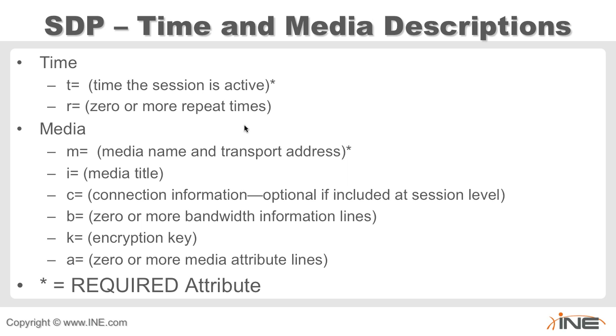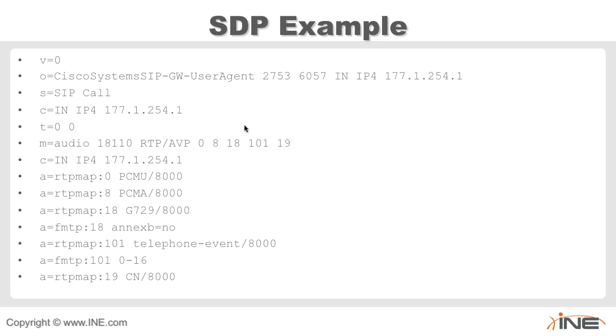There's more than one. So here's an example from a call that I just did. We have version equals 0, O for the originator is Cisco Systems SIP Gateway User Agent. We have 2753 and 6057. Internet, IP version 4, 177.1.254.1. Session, it's a SIP call.